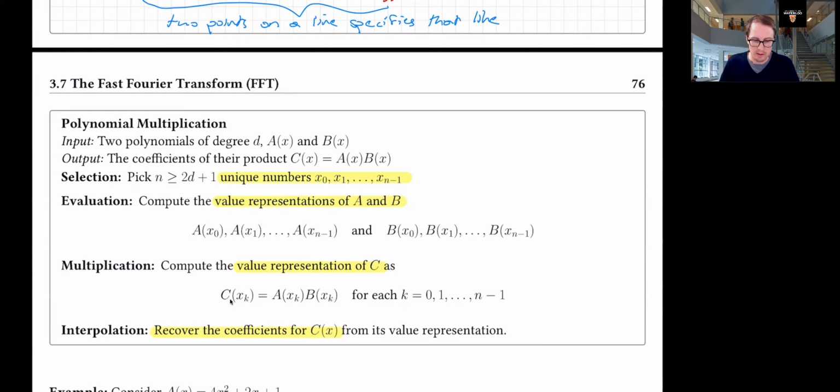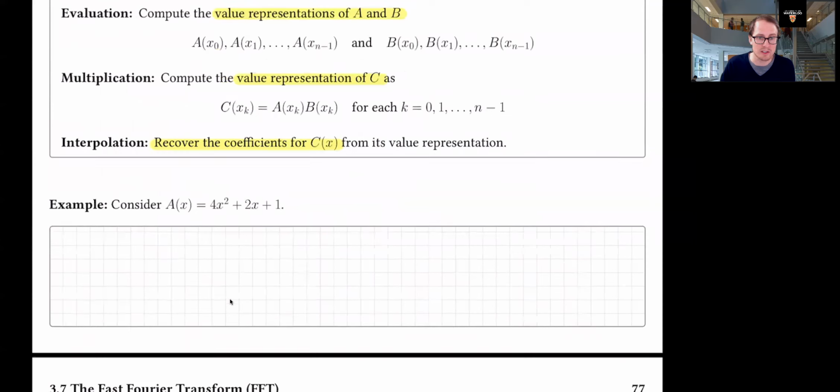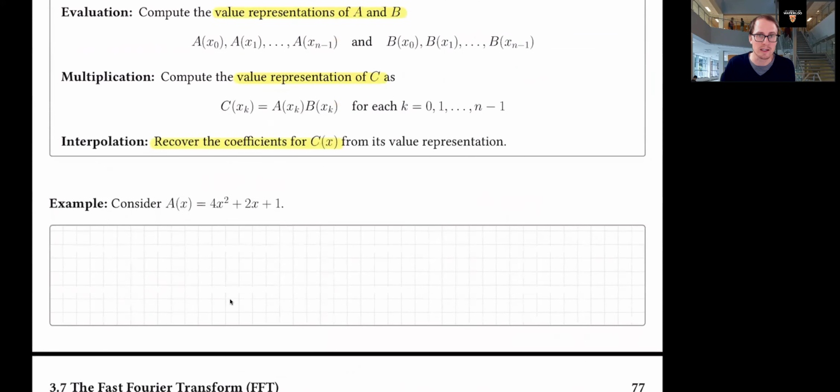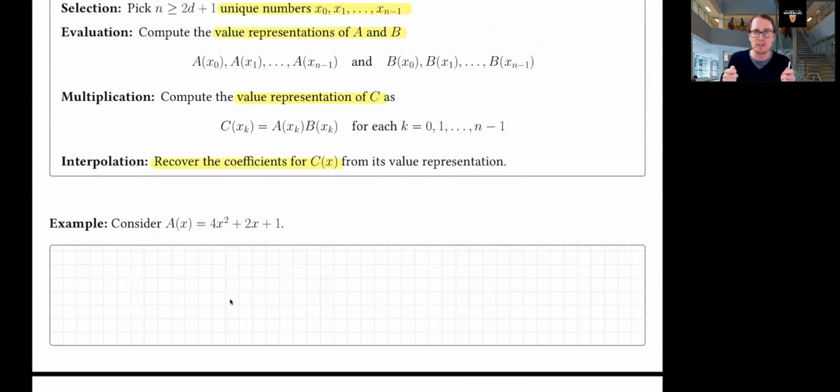So let me give you an example again, just to illustrate this idea of converting between value representation and coefficients. So let's take another polynomial. A of x is 4x squared plus 2x plus 1. So it's degree 2.